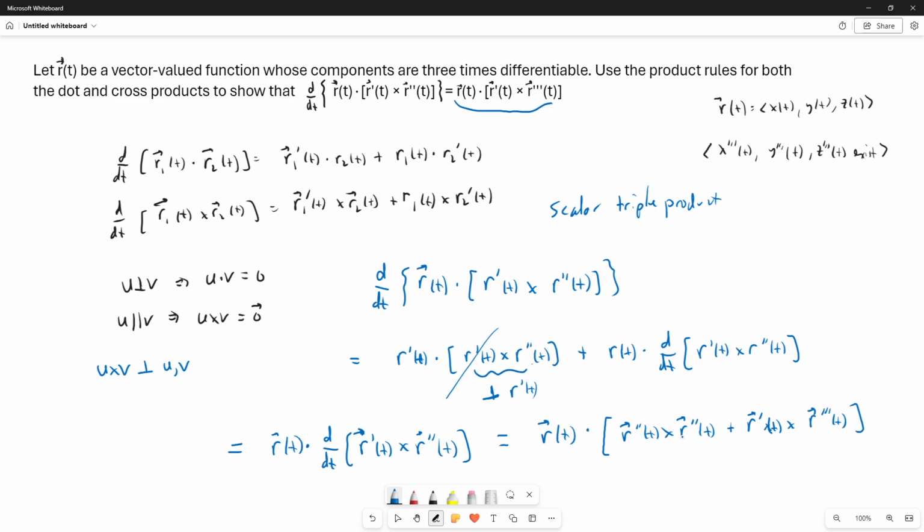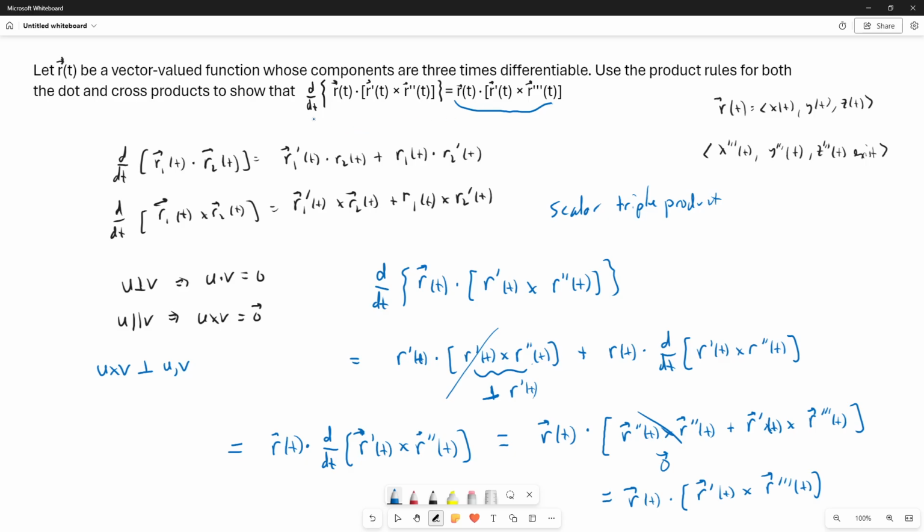And these two vectors are identical and therefore parallel, and so the cross product is the 0 vector. The 0 vector plus another vector is just this other vector, and so we get the final answer. We have R of t dotted with R prime cross R triple prime, as claimed.